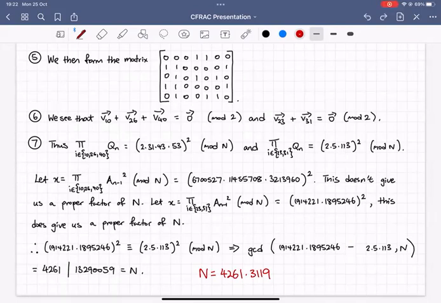But recall the theorem that I said: x minus y with n, whose GCD is a proper factor of n, which has a probability greater than 50-50.